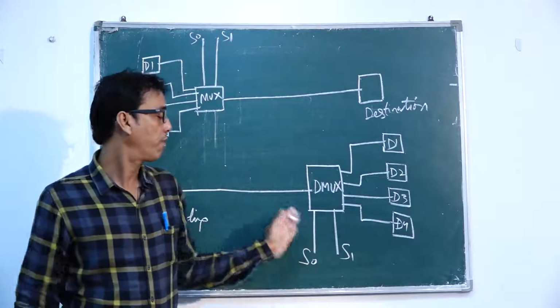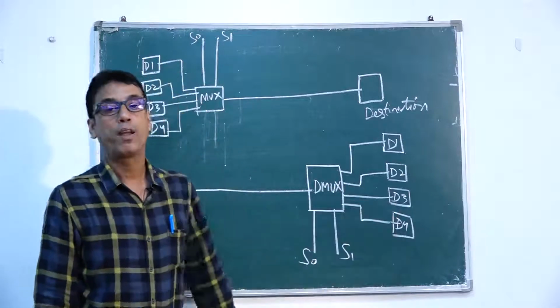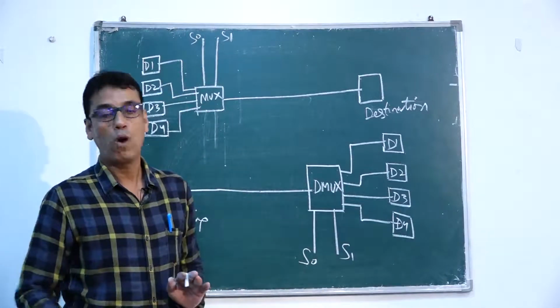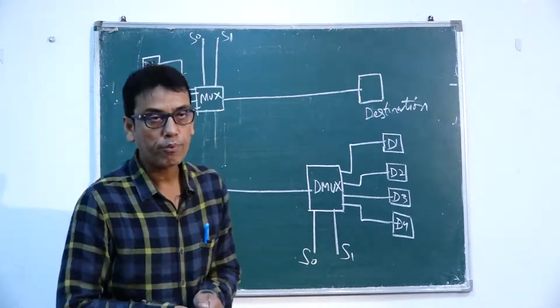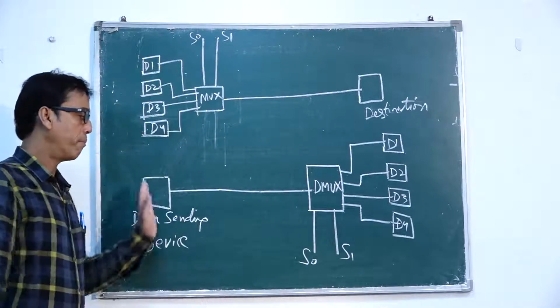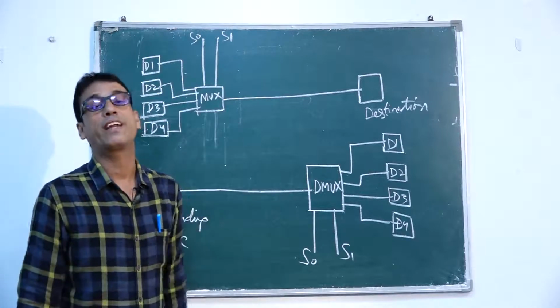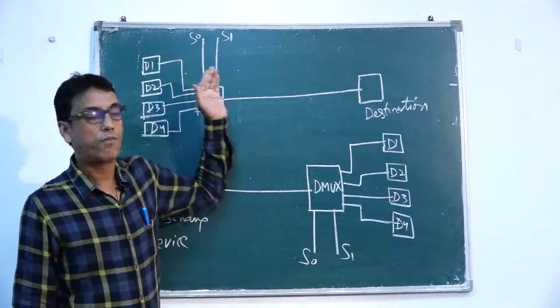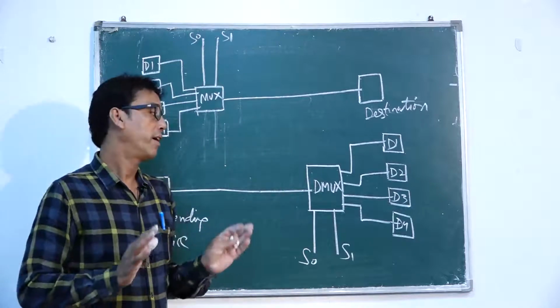In the case of 1, 0, the data will be delivered to D3. In the case of 1, 1, the data will be delivered to D4. So, the work of demux is also to reduce the number of data lines. The work of mux is also to reduce the number of data lines.